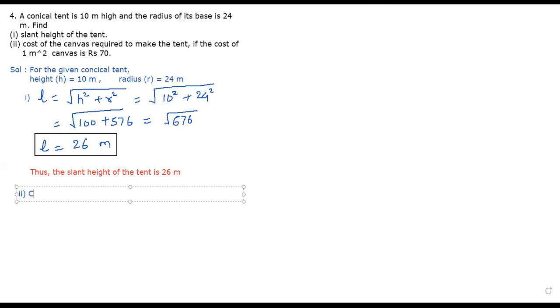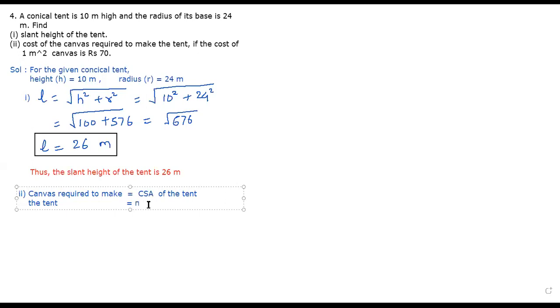So let me write: canvas required to make the tent is equal to CSA, curved surface area of the tent, because only the curved surface area will be made. And what is the curved surface area? Pi RL.